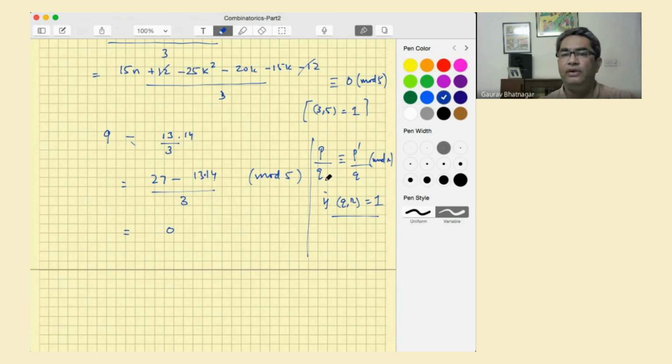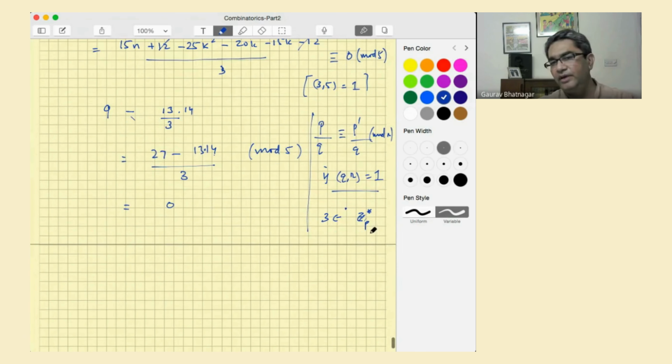One way to look at it is that q is an invertible element in this group, Z_r. Suppose we are doing mod p. So in Z_p, 3 is an invertible element. It's a unit in here.